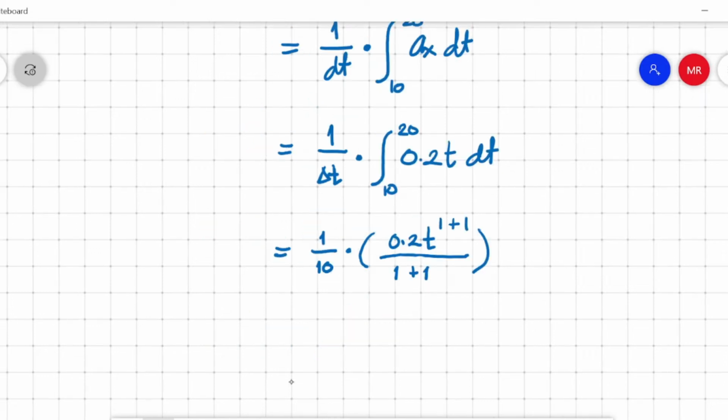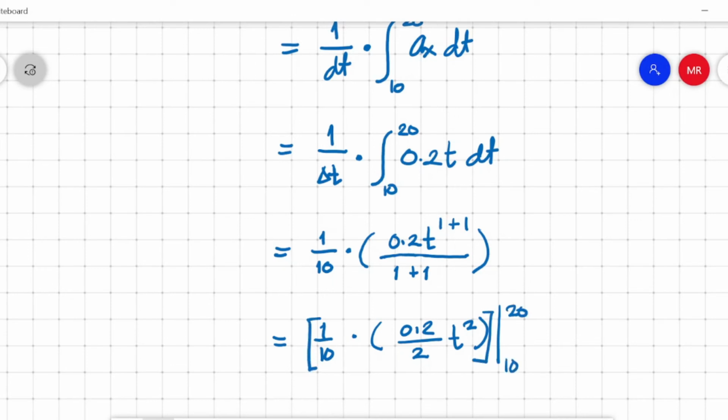So now our equation will become 1 over 10 times 0.2 over 2 t squared. But all this term will be evaluated from 10 to 20, the lower and the upper limit.